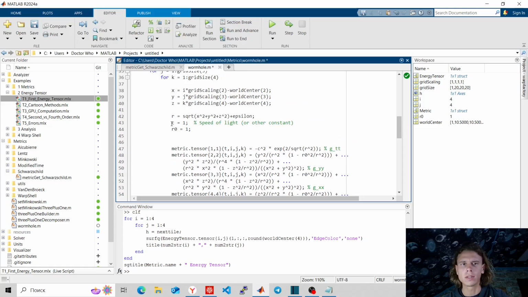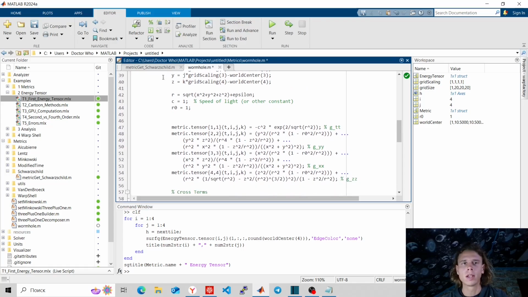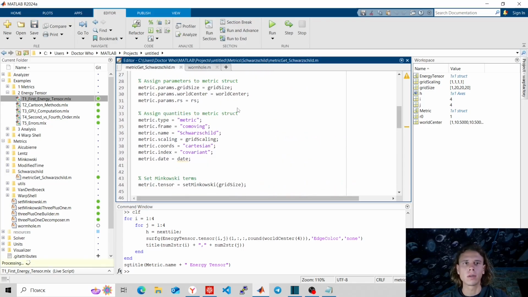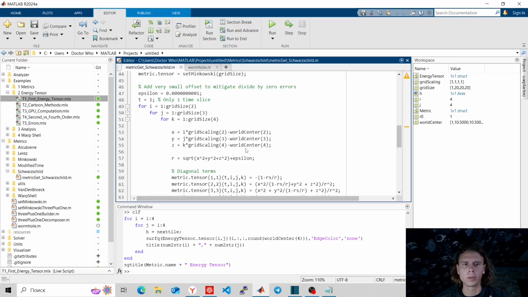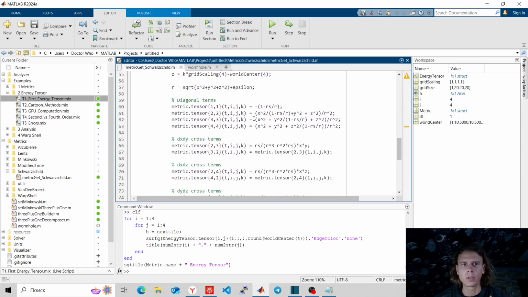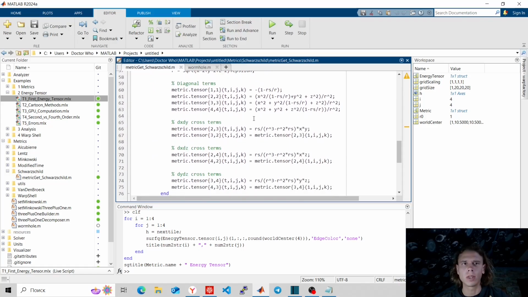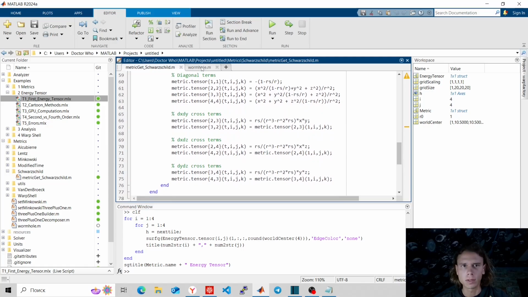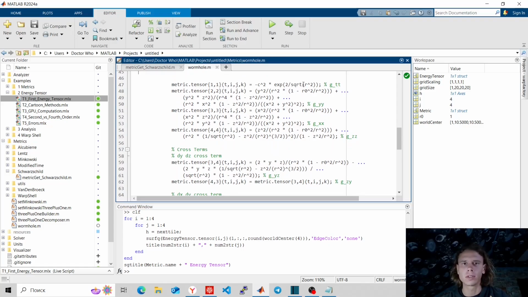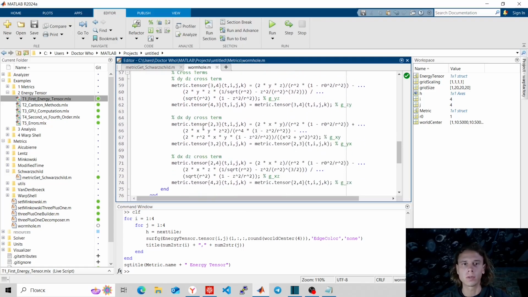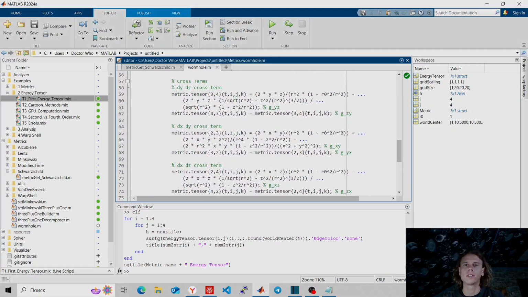I also specify that the speed of light is equal to 1 because in the Schwarzschild metric they also use unity for the speed of light. And so what are the differences between these two examples? Well, it's clear that I just insert my new values into these components. And let's see if it works.